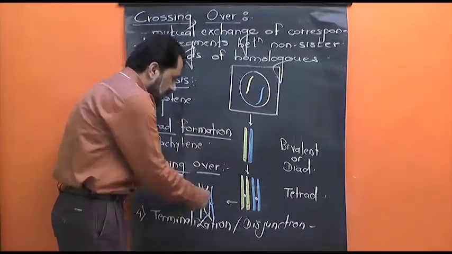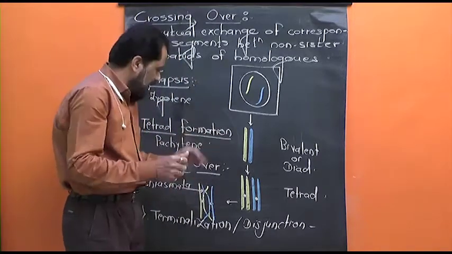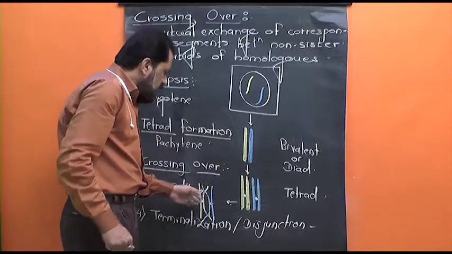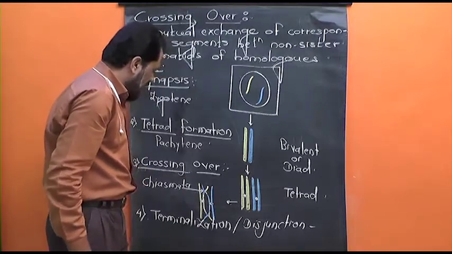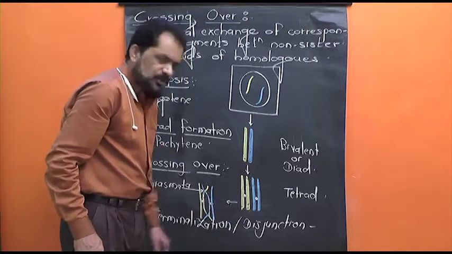Thus the homologous chromosomes try to go away from each other. This is known as terminalization or disjunction.